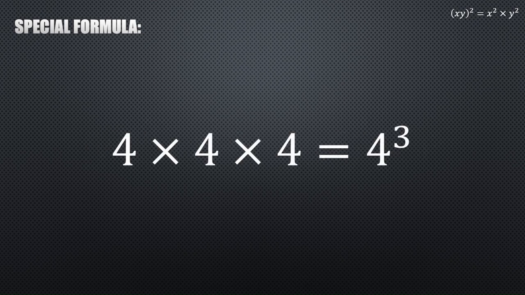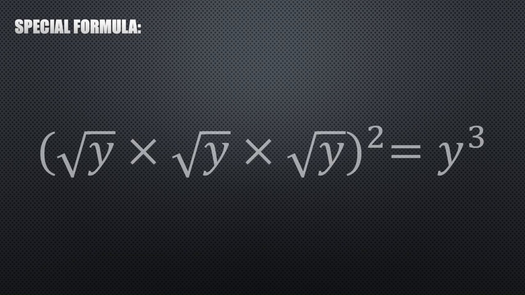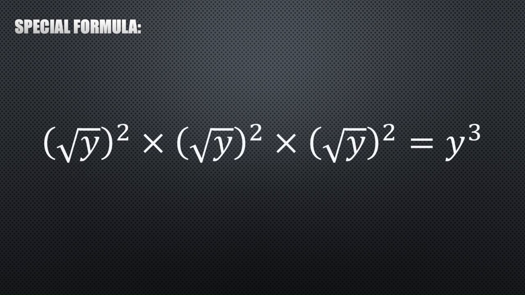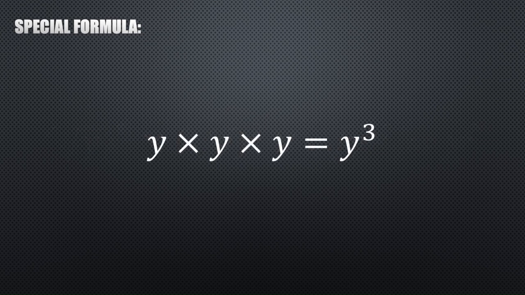If we do this in a similar way, it becomes (square root of y) whole square into (square root of y) whole square into (square root of y) whole square, which is y cube. So the square root and square cut out, so it's y into y into y, which is y cube.